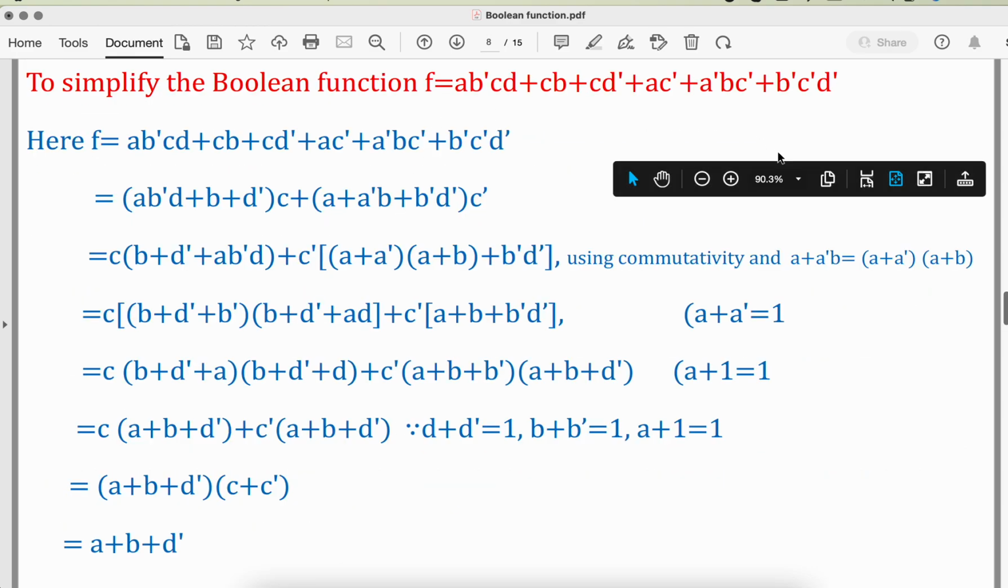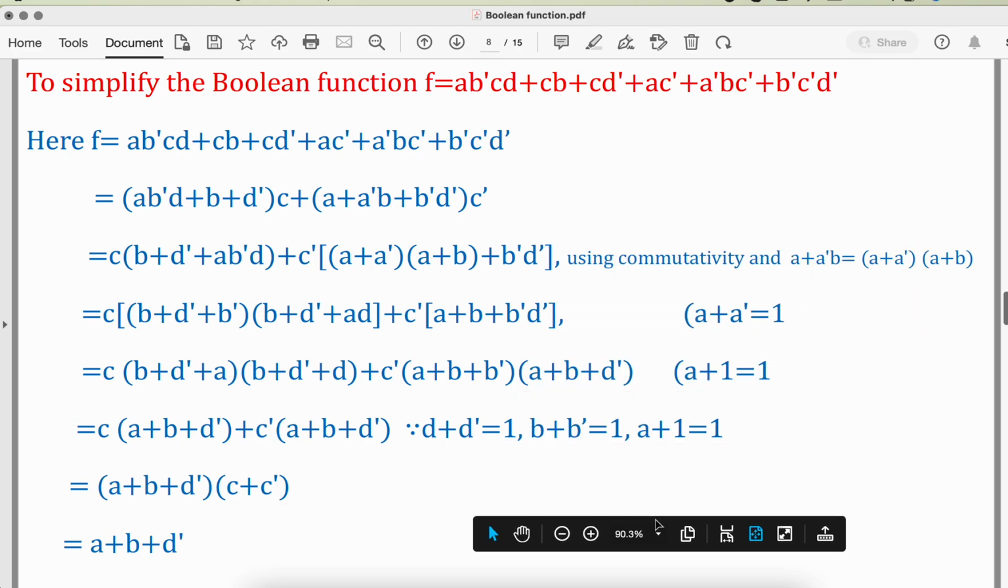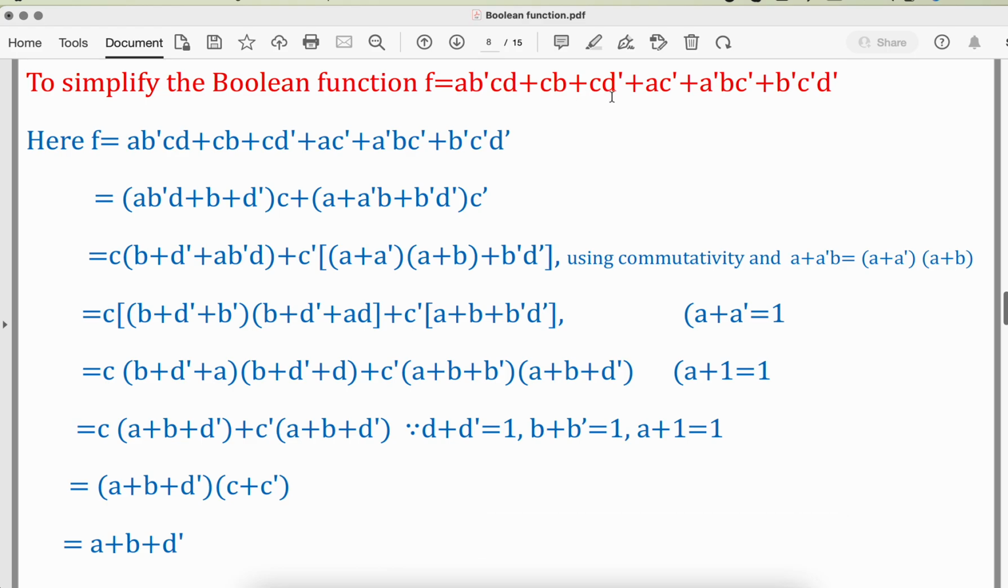Suppose we want to simplify this Boolean function, f equal to ab'cd + cb + cd' + ac' + a'bc' + b'c'd'.